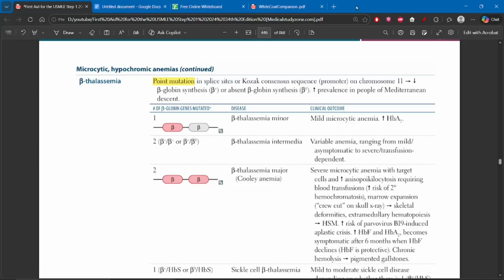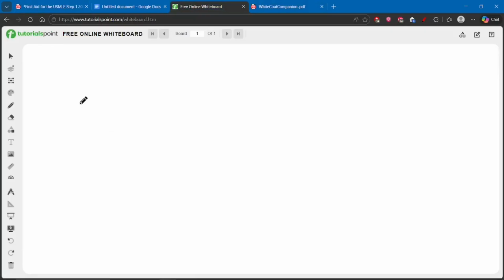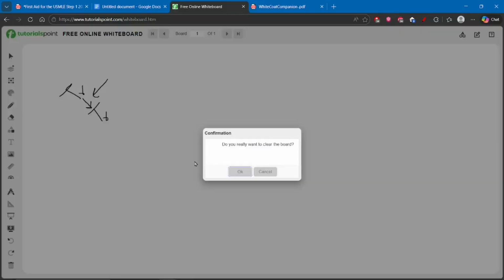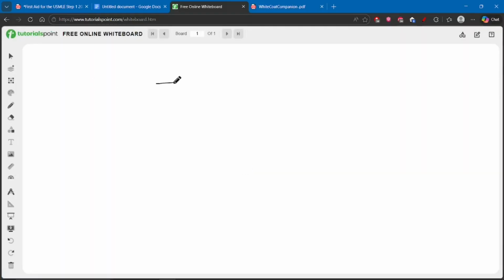Basically, there is transcription, and then there is translation. So between these two steps, there is RNA processing.